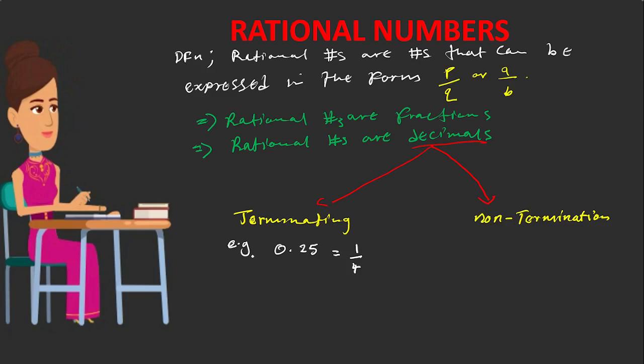Another example of a terminating decimal is 0.5, which is the same as 1 over 2. These are examples of terminating decimals: decimals that have no repetition and have an end.